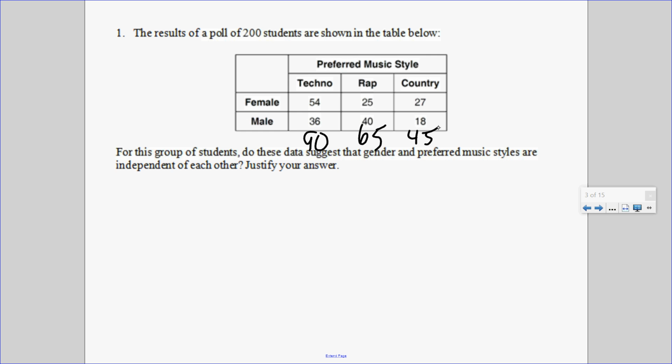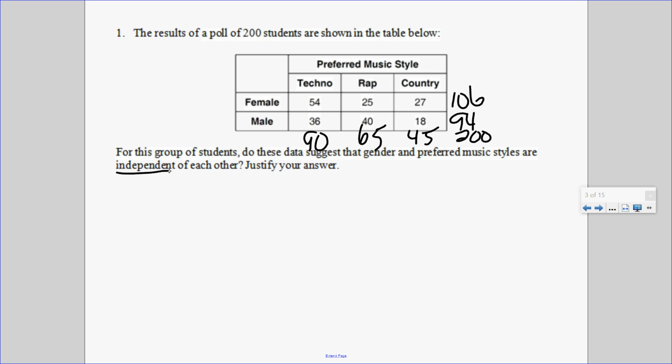Total up the rows. That is 106. That is 94. And that is 200. For this group of students, do these data suggest that gender and preferred music styles are independent?